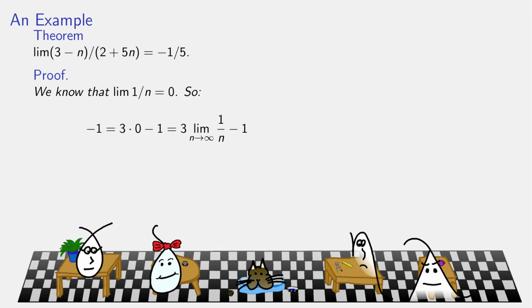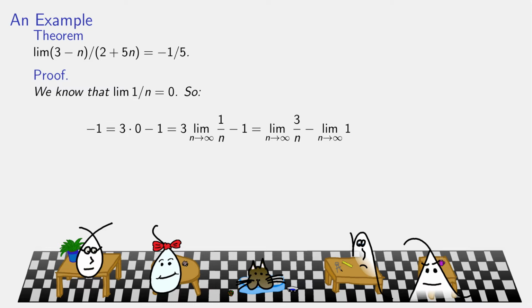We have established that the limit of 1 over n is 0, which means -1, well, that's just 3 times 0 plus 1, duh, but 0 is the limit of 1 over n. Now, since I know that that limit exists, I know that scalar multiples, specifically multiplying by 3, can be factored in and out. So I can factor the 3 into that first limit, and we also know that constant sequences have that same limit.